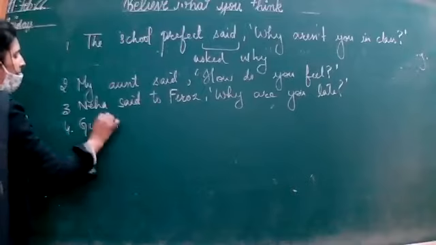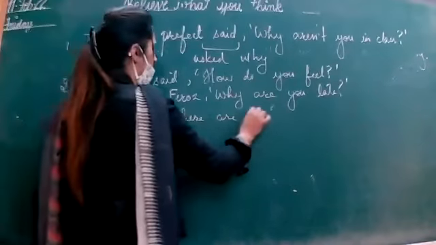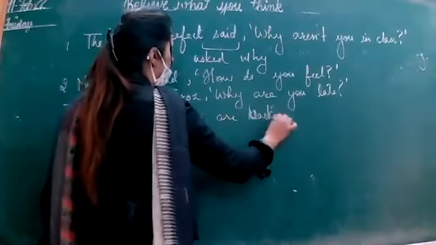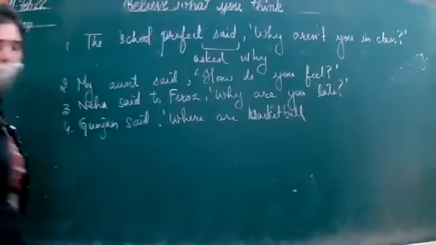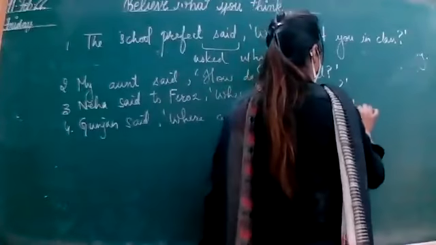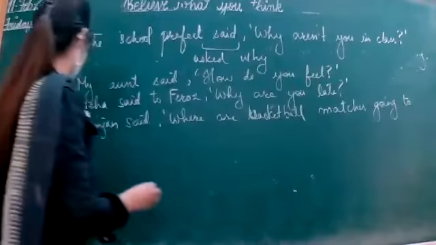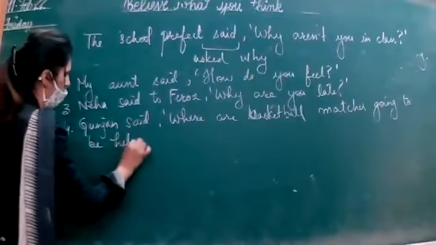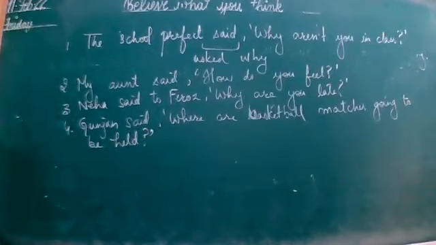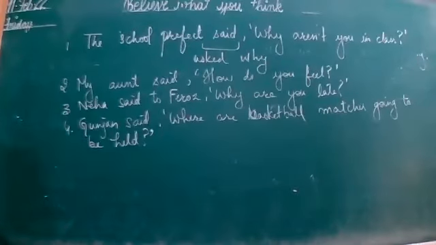Gunjan said, where are basketball matches going to be held? Wait a minute. Where basketball matches were going to be held. Very good. So now you are doing it well.